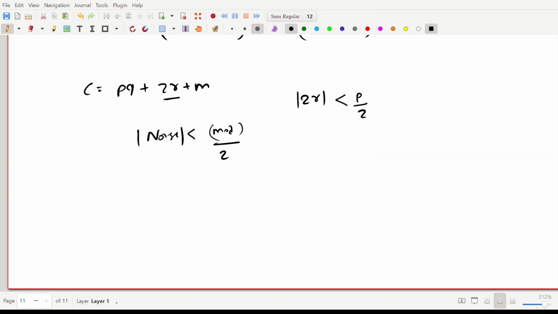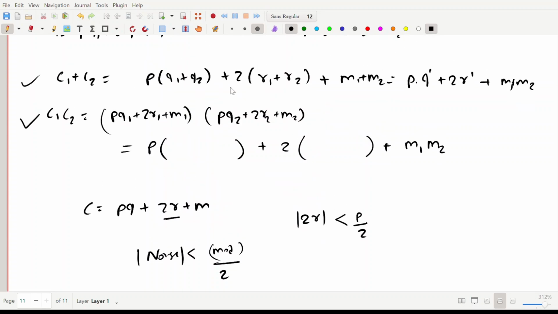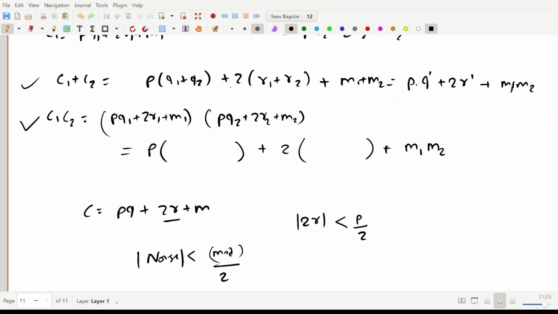This is the condition. After every operation, the noise is growing all the time. In the case of adding 2 ciphertexts, what do you observe? Your noise is now R1 plus R2. Earlier it was just R or R1. Now the noise has actually doubled. It is 2 multiplied by (R1 plus R2). Whereas in the case of multiplication, this noise will be very high.